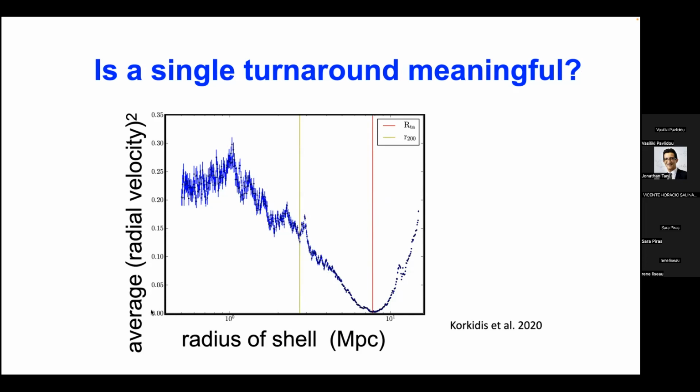But look at how close to actual 0 you are at the turnaround radius. All of the particles at the turnaround radius are really, really slowing down. So indeed, a single turnaround shell, a spherical shell, can very well describe that transition between infall and the expansion.